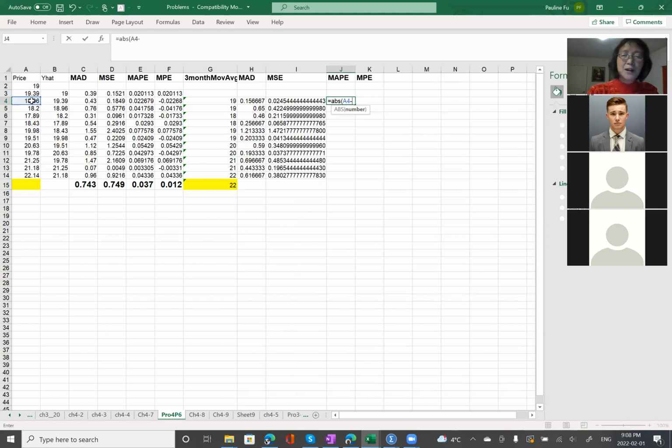And then MAPE, it is ABS Y minus Y hat divided by ABS YT, and then copy down. Lastly, do MPE. MPE equal to Y minus Y hat divided by Y, and then copy down.